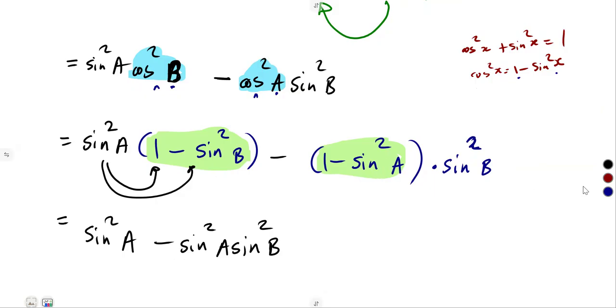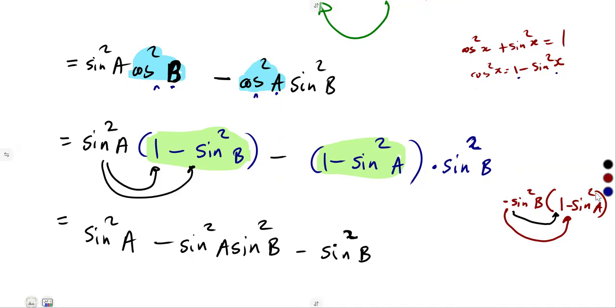The second bracket has to be expanded. But take note, there is a minus sine squared B. So it's supposed to be like this: minus sine squared of B into 1 minus sine squared A, so that you properly understand what is happening here. So it's negative sine squared B times 1, which is negative sine squared of B. Negative sine squared of B times negative sine squared of A. So negative, negative, that is going to give us a positive.